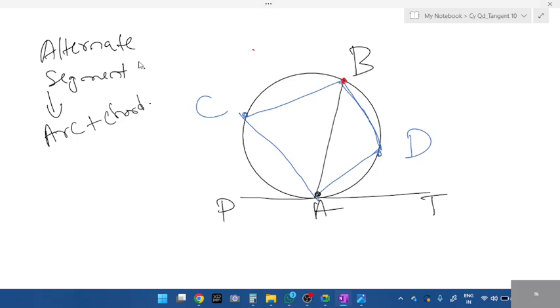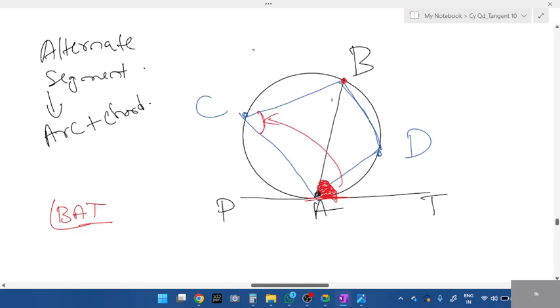Now, alternate segment is nothing but wherever this chord touches the tangent. Look, what do you call this angle? All of you respond. Angle BAT, right? Chord and tangent, students. This entire angle BAT will be equal to this angle.